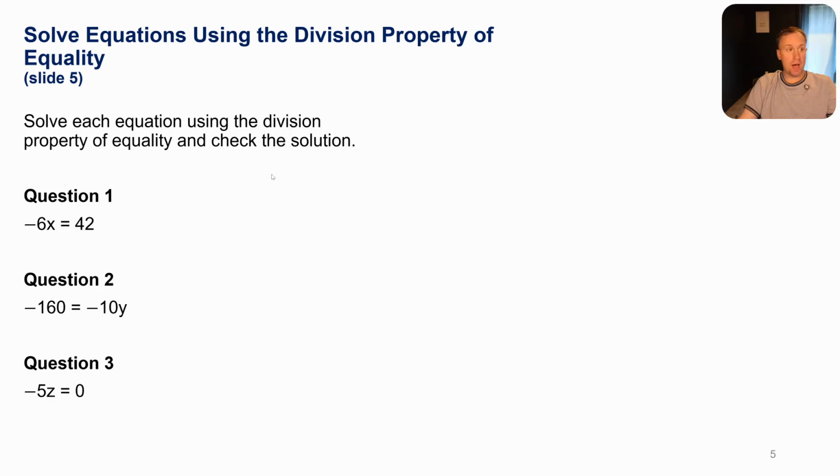So going from the model to actually solving equations using the division property of equality and then checking our solution, we're given a few different questions to test. The first question, question 1, is negative 6x is equal to 42. We are asked to solve for our x variable. The item in the way is that negative 6 next to x, which we can divide away, because negative 6 next to the letter means multiplication.